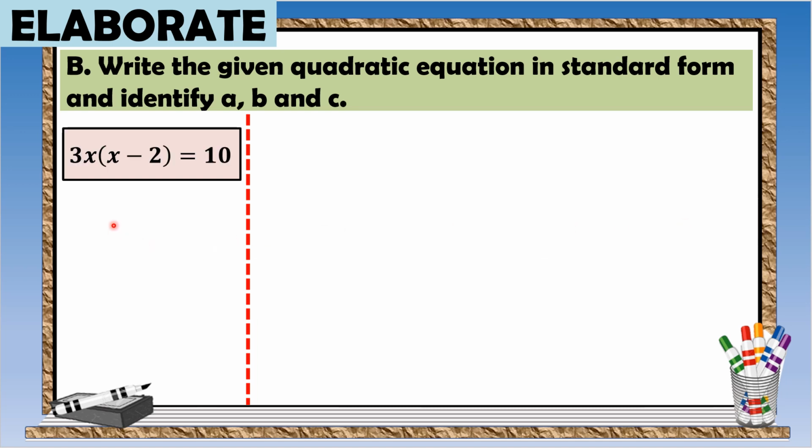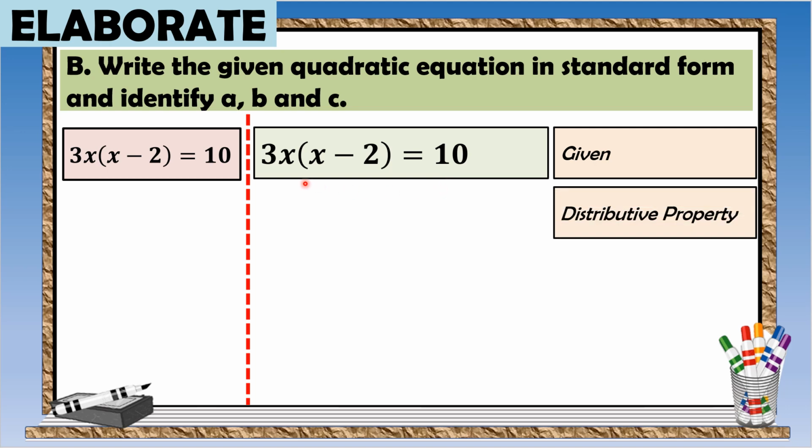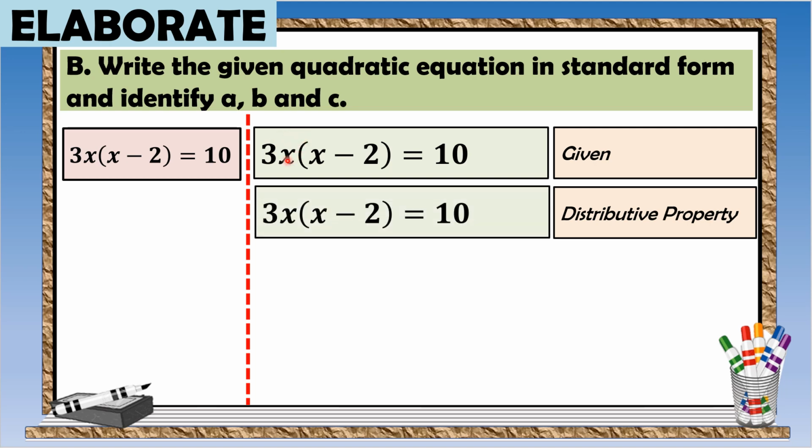Okay, next equation is 3x times the quantity x minus 2 equals 10. So this is the given. What we are going to do is distribute, or use the distributive property. 3x times x, we have 3x squared. Then 3x times negative 2, we have negative 6x.